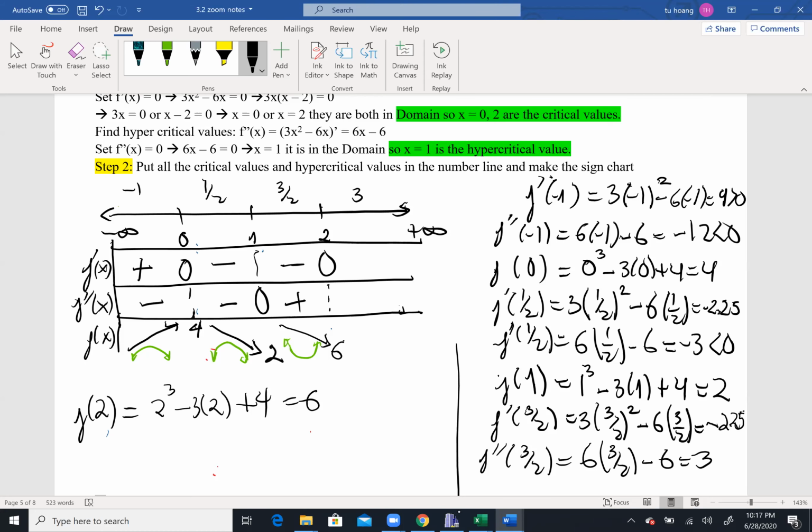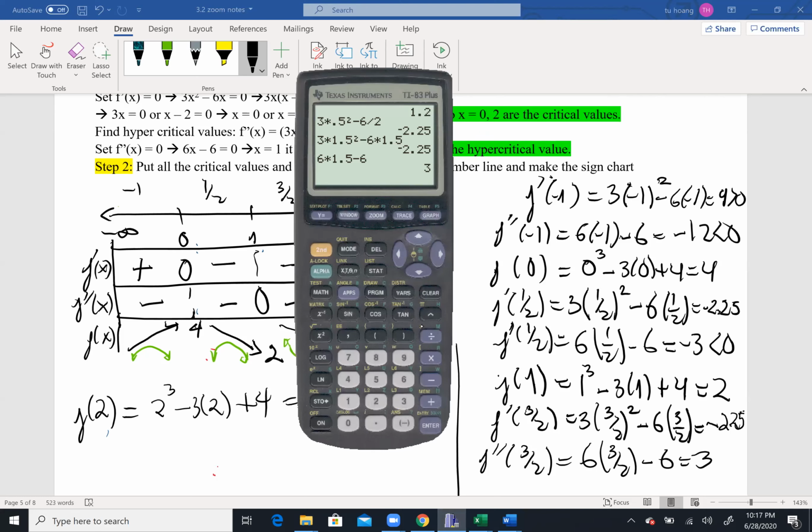Let me check. 2 to the power 3 minus 6 plus 4.